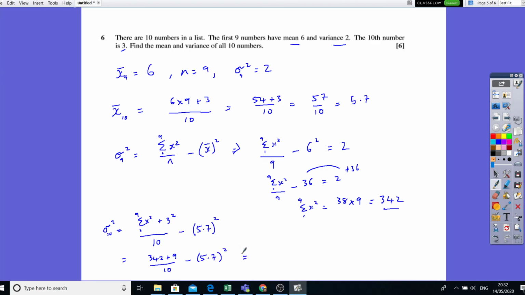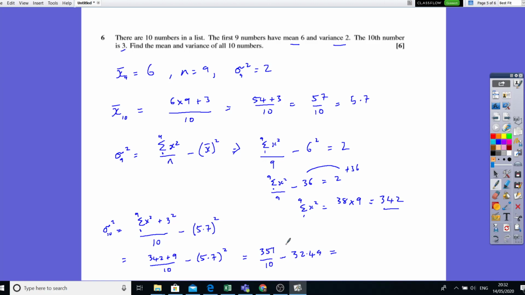So we'll get plus 9, we'll get 351 divided by 10, minus 5.7 squared, which is 32.49. This is going to be 351 divided by 10, which is 35.1.